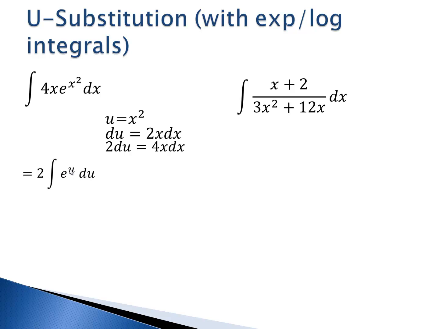So e to the u du, and that's our goal anytime we have those exponentials in there, at least for now, is to get to e to the u du, because the integral of e to the u du is itself, and the 2 can hang around out front, so 2 e to the u plus c is our antiderivative, and then we'll put our u's back in there. Okay, so u was x squared, and there it is.